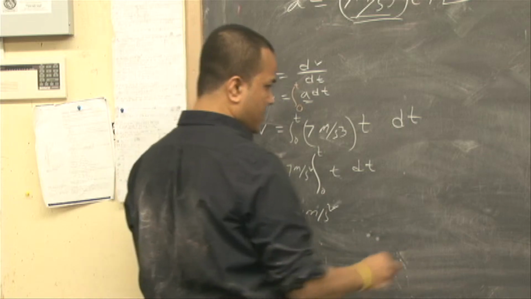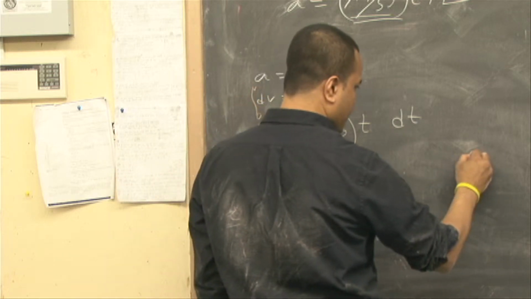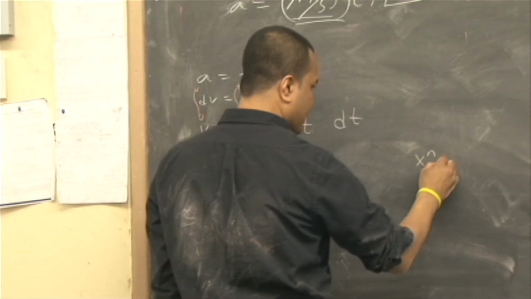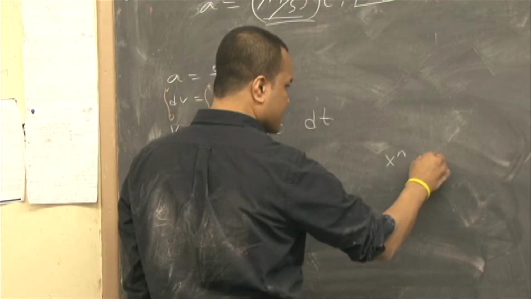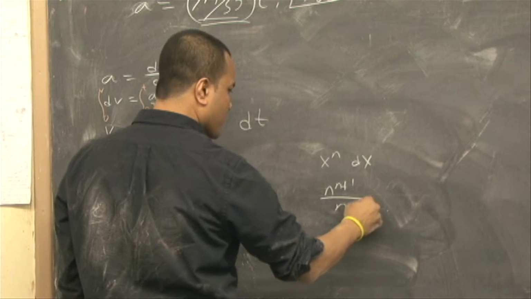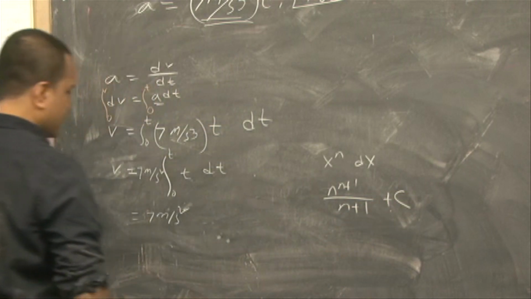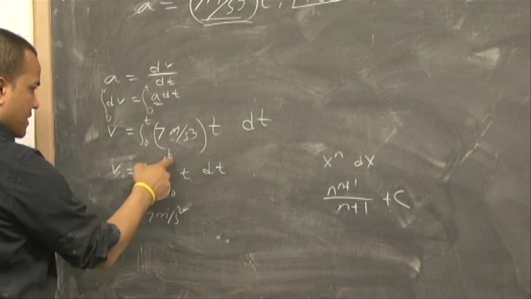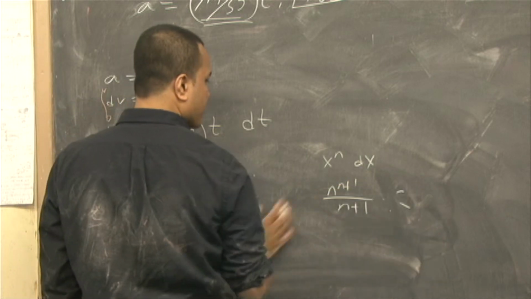Remember, we did for x to the n dx, which is x to the n plus 1 over n plus 1 plus c. But this is bounded, there is a limit, so we're not going to put c.